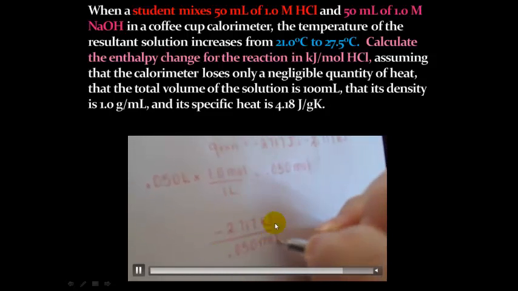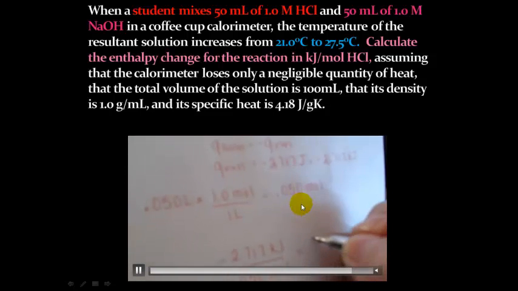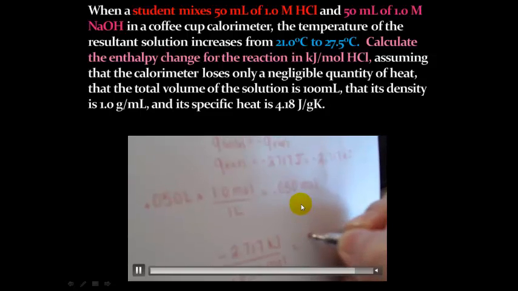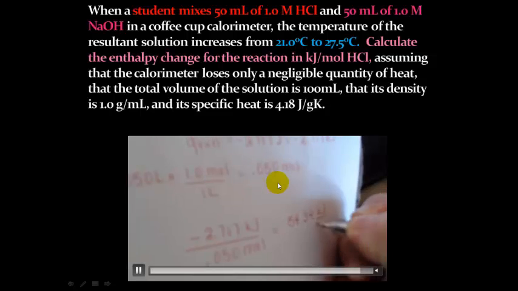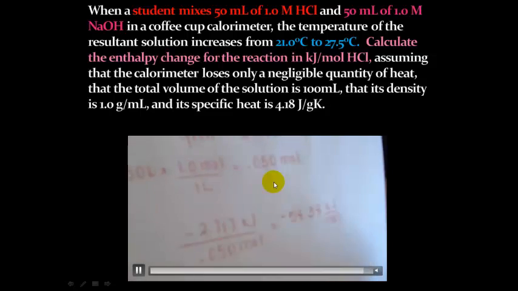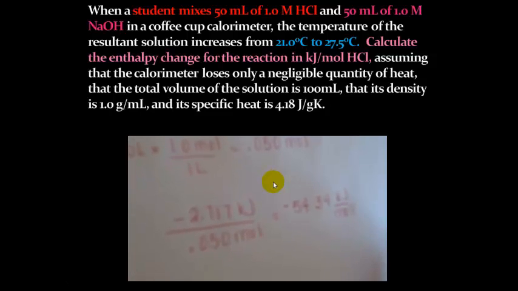So we take our Q and we divide it by the moles, so kilojoules per mole, and we're going to get a delta H value of negative 54.34 kilojoules per mole, and that's negative because it was an exothermic reaction, remember.